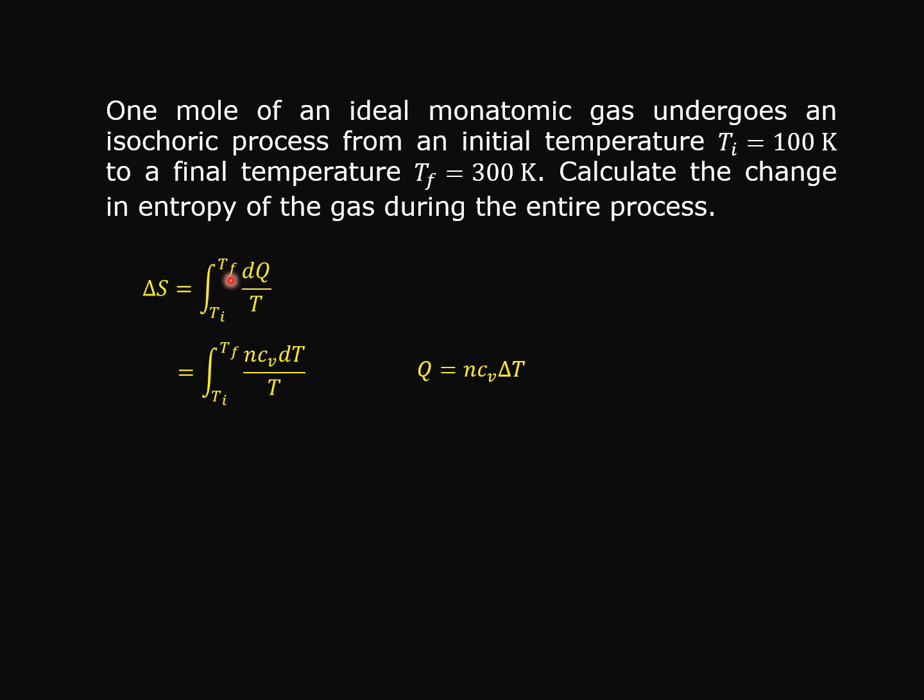But this integral involves dQ, which is an infinitesimal change of the heat transfer. So we have to change this into n Cv dT. That means the infinitesimal change of the heat is related to the infinitesimal change of the temperature.